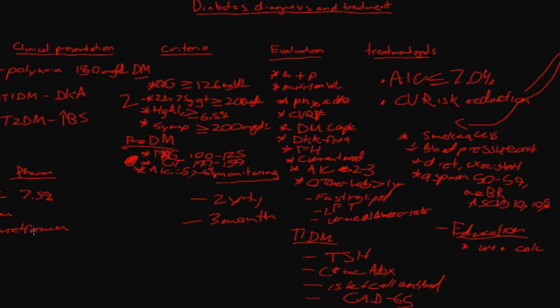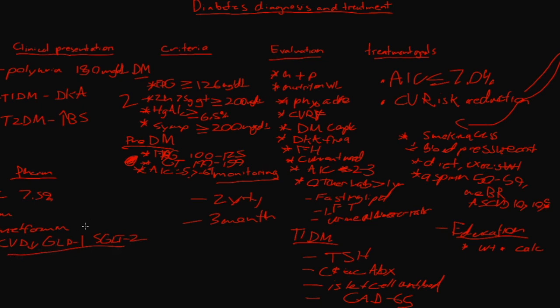Other medications that have been shown to reduce cardiovascular disease, including metformin, are your GLP-1 agonists and also your SGLT2s. These drugs are good. We are interested in using these drugs.